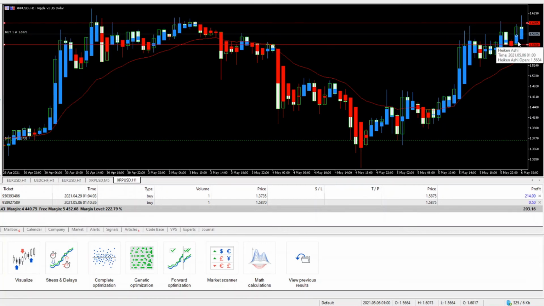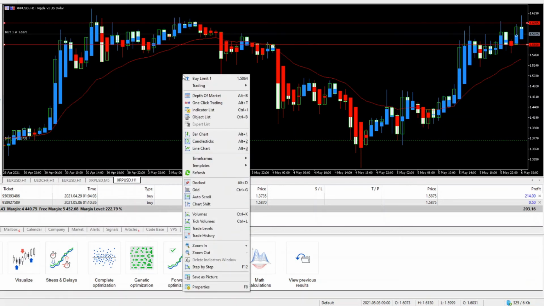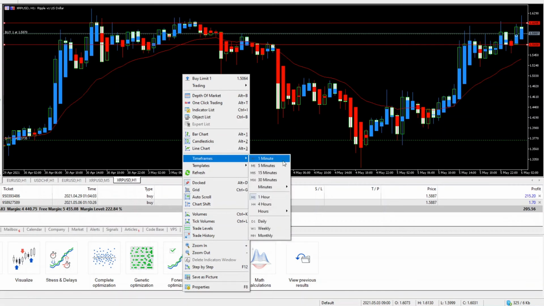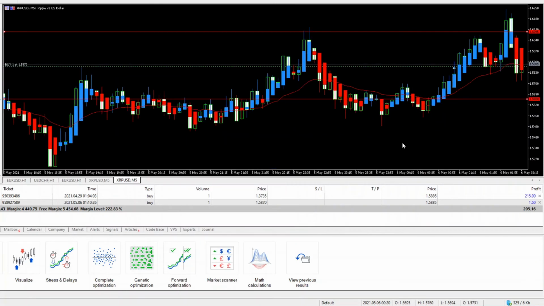We had a bullish on the daily and the hourly. Now let's pinpoint our entry with the 5 minute. Okay, here's the trend line. Here's the bottom end of it.